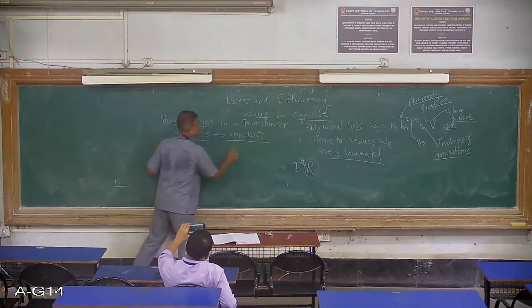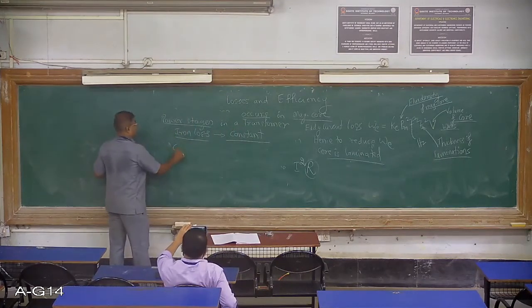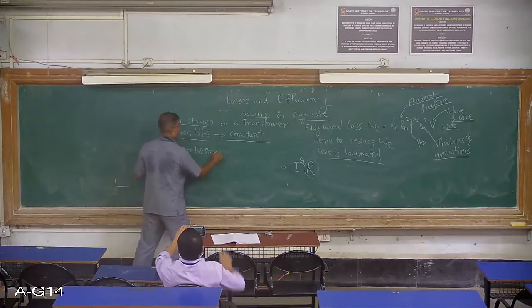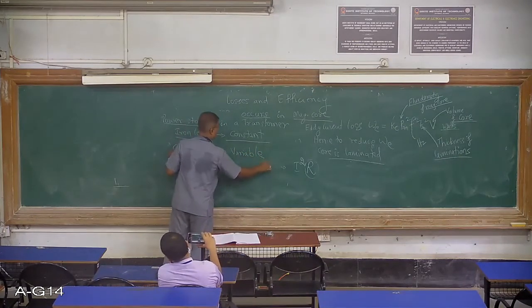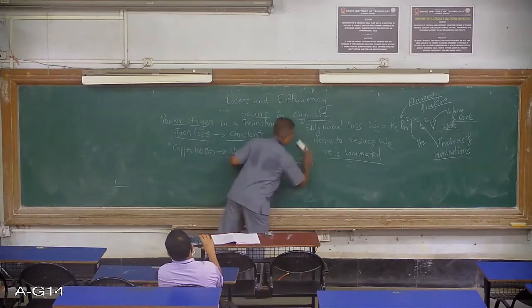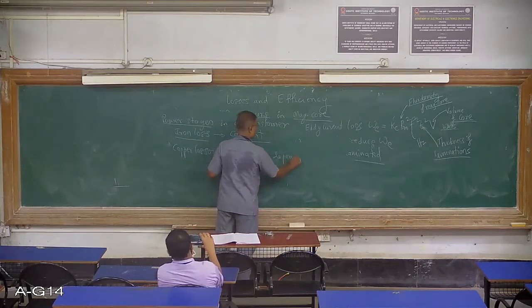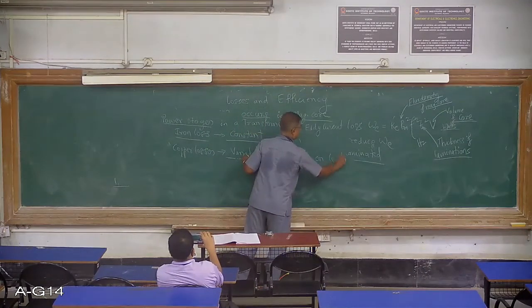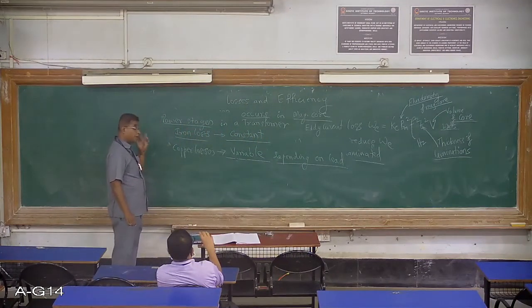Iron losses are always constant. Copper losses are variable depending on load. So what is the meaning of load?